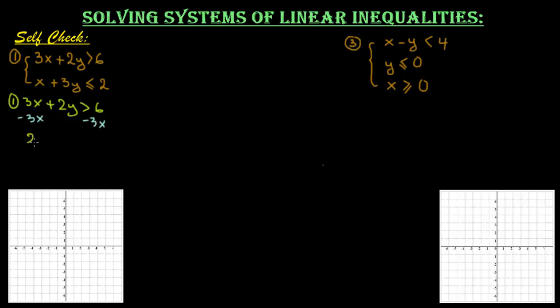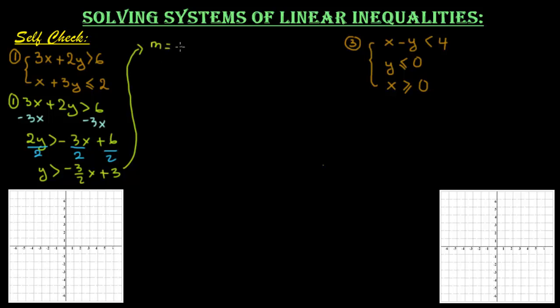We have 2y greater than negative 3x plus 6, and then isolate y by dividing by 2 on both sides. So we have y greater than negative 3/2 x plus 3. The slope is negative 3 over 2, and the y-intercept is (0, 3).